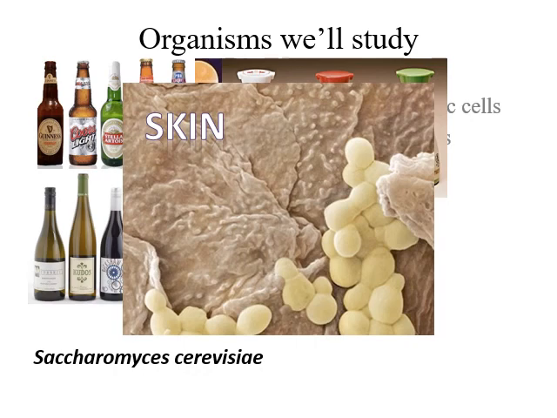So every square centimeter of human skin and the skin of any other animal and every square centimeter of a tree or a plant is generally covered by millions, if not billions, of yeast cells and bacterial cells. And two of the most common yeast cells that cover everything are Saccharomyces cerevisiae and Candida albicans.